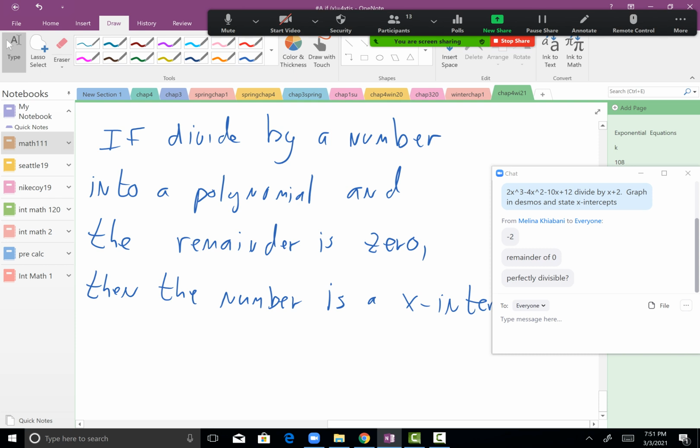Where did the 1 and the 3 come from as the intercepts? If you take that polynomial that I gave you, 2x cubed minus 4x squared minus 10x plus 12, and you graph it in decimals, your x-intercepts are going to be -2, 1, and 3. Oh, okay. So it is from looking at decimals and not just looking at the equation.